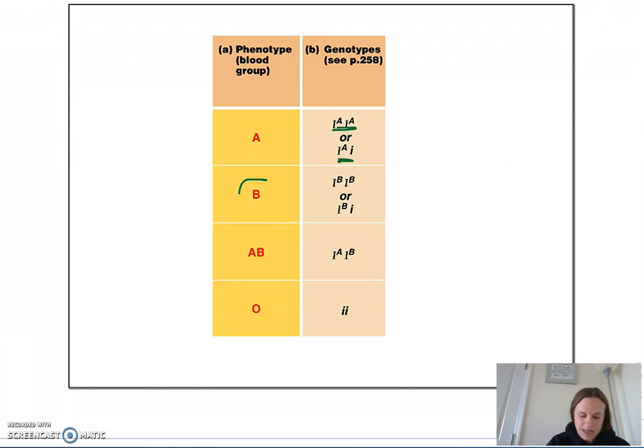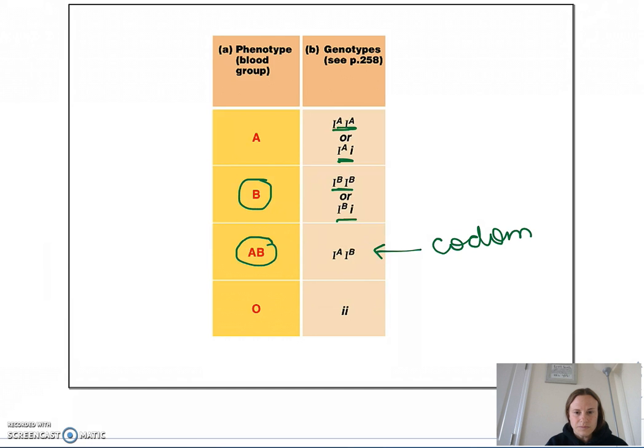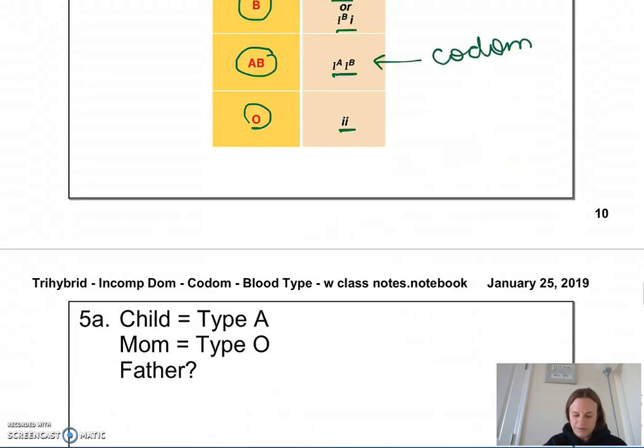If I have blood type B, I could also be homozygous or heterozygous. Type AB, this is where you have your codominance. That means that my A and B alleles are expressed at the same time. Neither one is dominant over the other one. If I'm blood type O, then I am recessive.